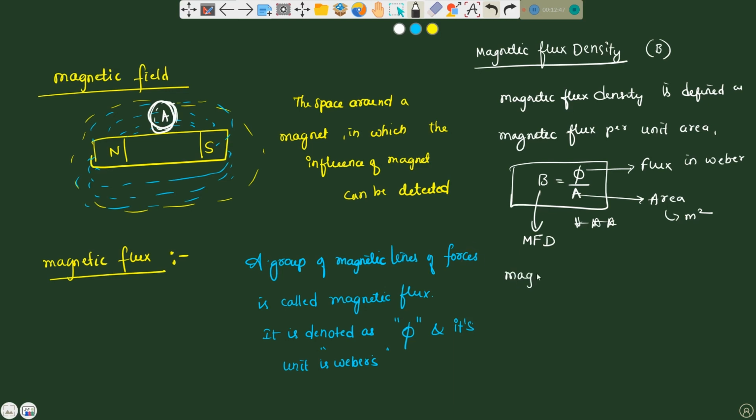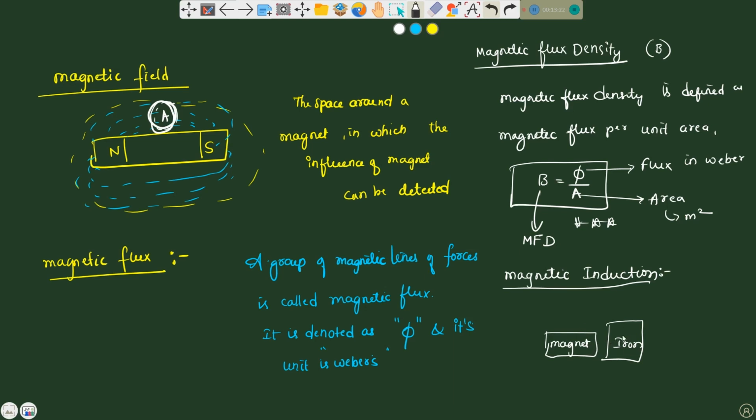Okay, so now if we talk about magnetic induction, what is this magnetic induction? Anybody knows magnetic induction? Magnetic induction is nothing but this: whenever a magnet bar is placed near an iron piece, then the iron piece is magnetized in opposite polarity.